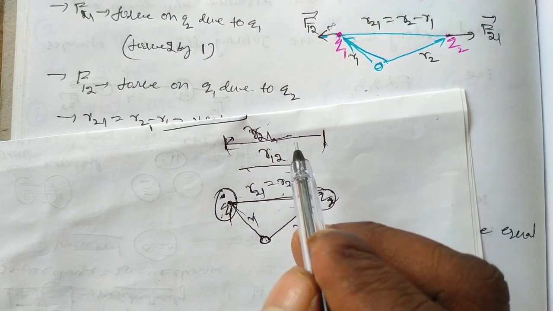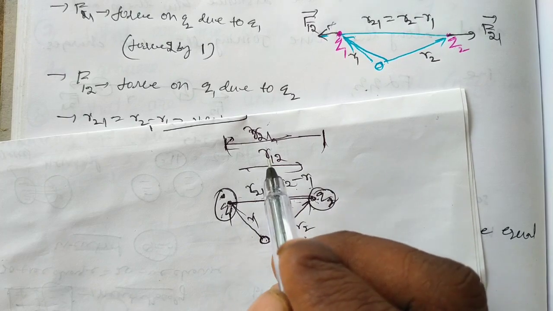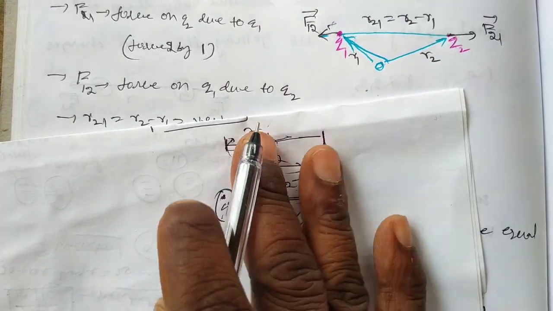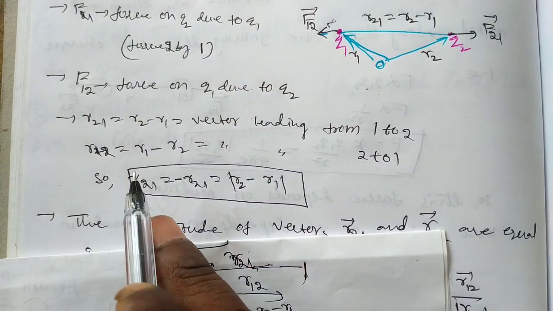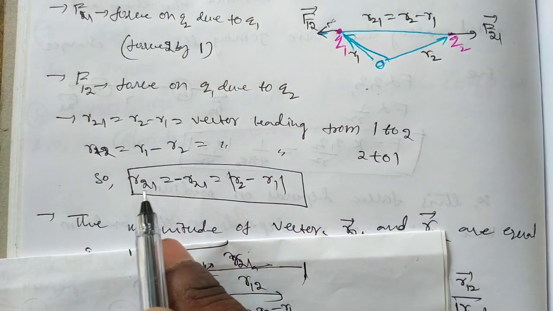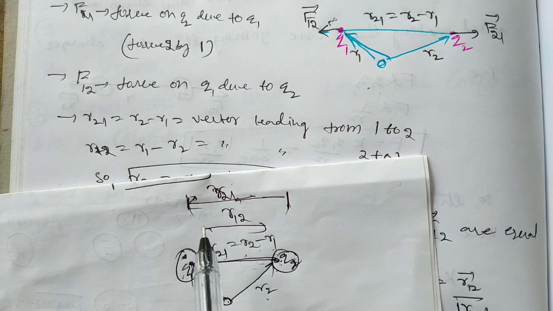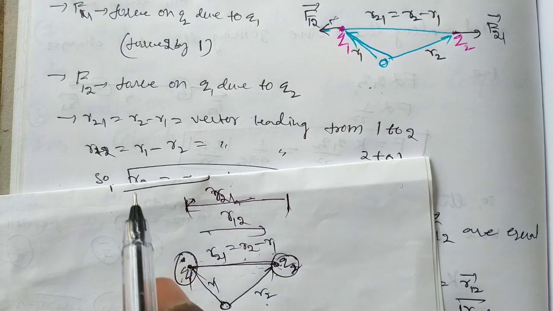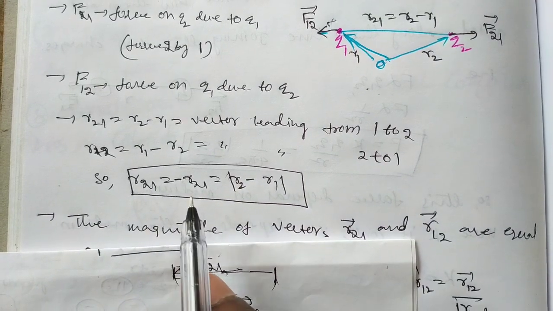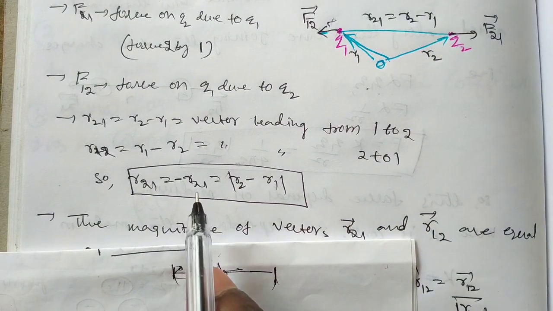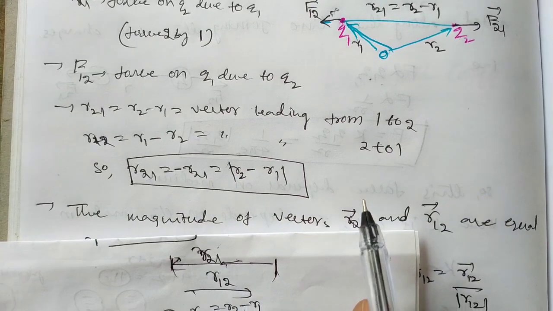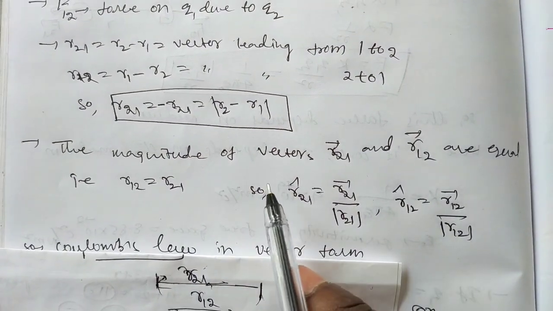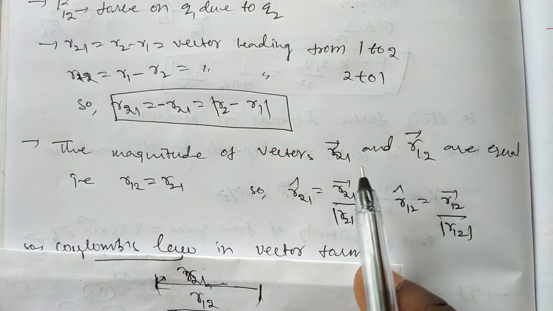So r21 is equal to minus r12: r12 is the forward direction and r21 is the reverse direction. Both have the same magnitude but opposite direction.